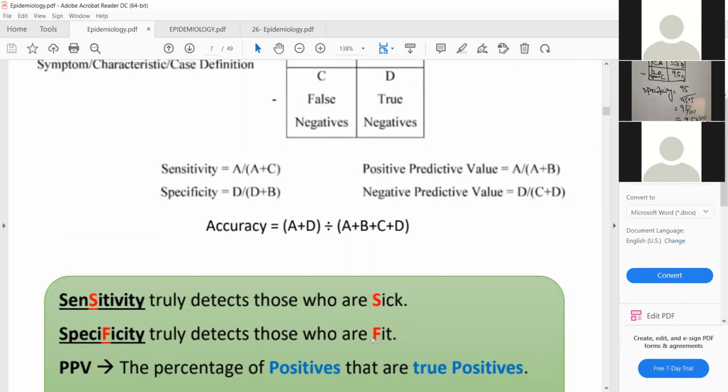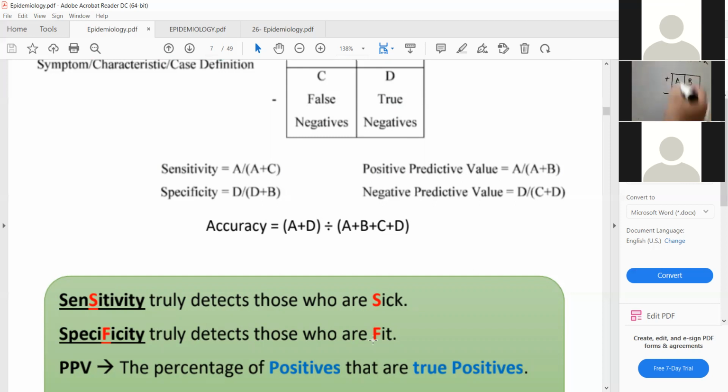So sensitivity is... positive, negative, disease, no disease. A, B, C, D. Just remember this 2 by 2 table, and you will never get these types of questions wrong.